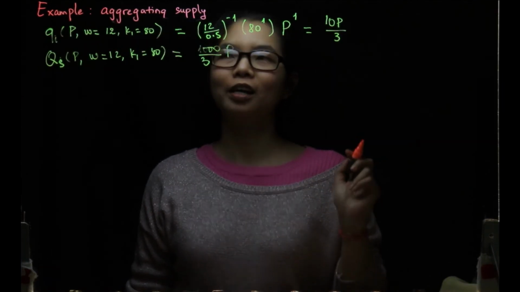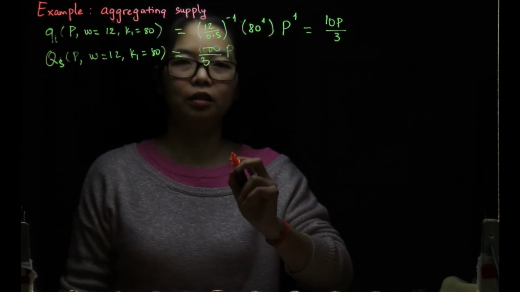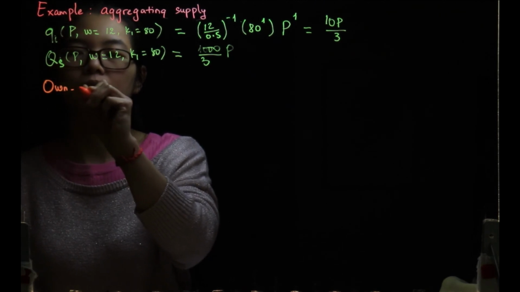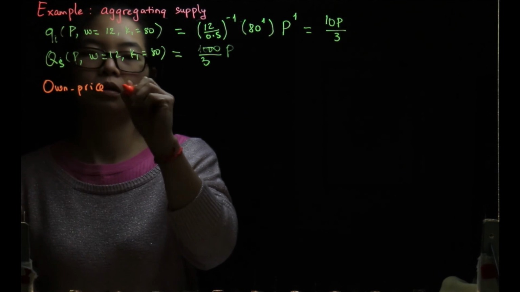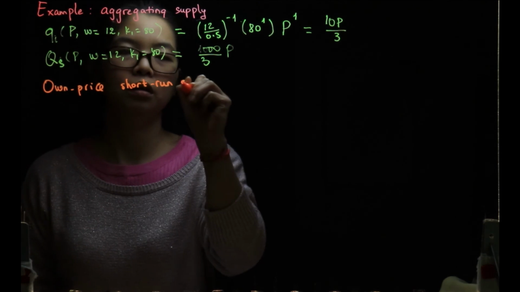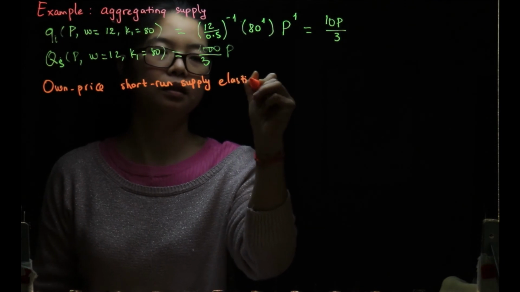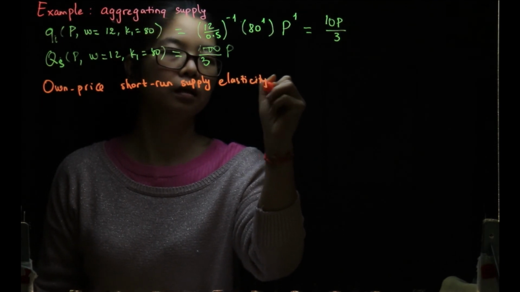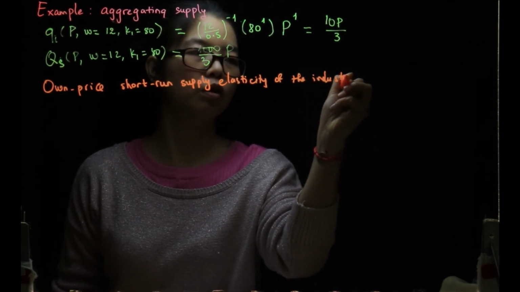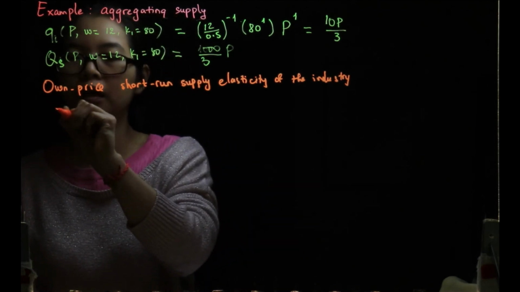Now let's try calculating the own price short run supply elasticity of the industry. So we're talking about the total supply of the industry itself now.